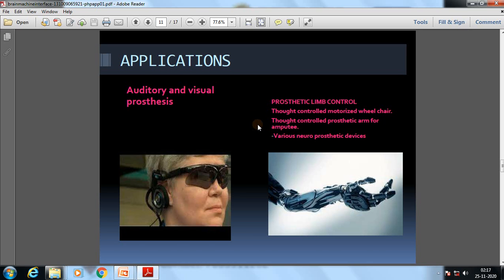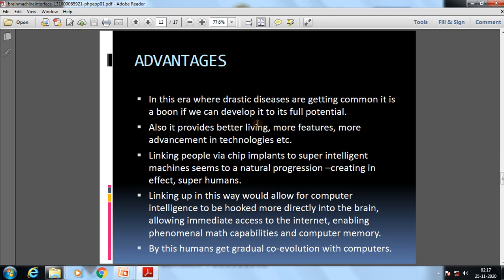So next page is advantages. In this era where drastic diseases are getting common, it is a boon if we can develop it to its full potential. Also, it provides better living, more features, more advancement in technologies, etc. Linking people via cheap implants to super intelligent machines seems a natural progression, creating in effect superhumans.